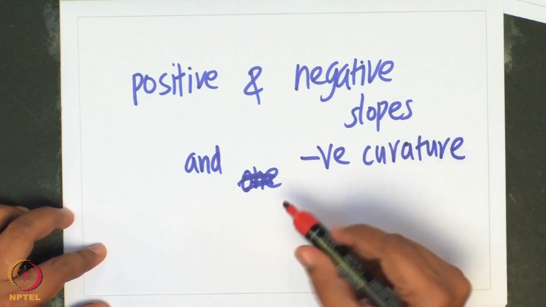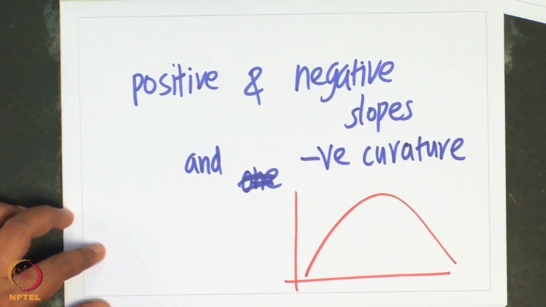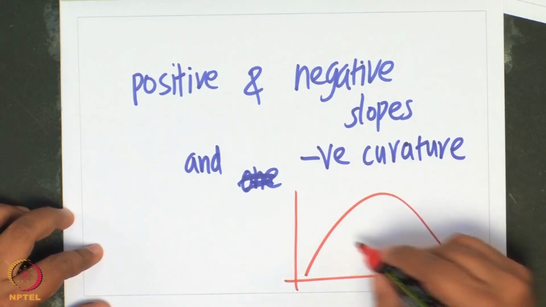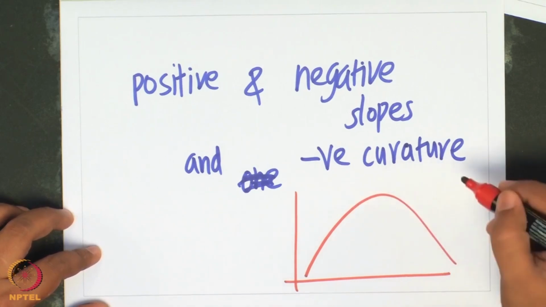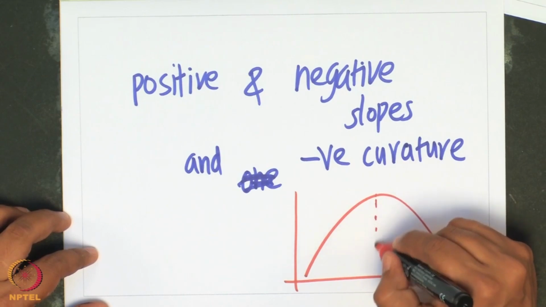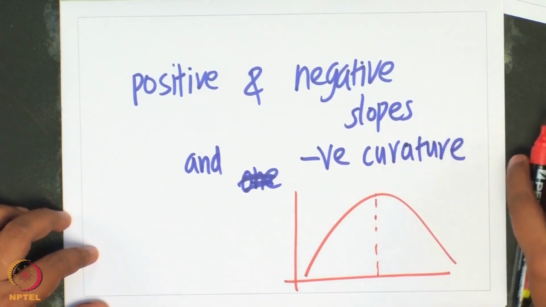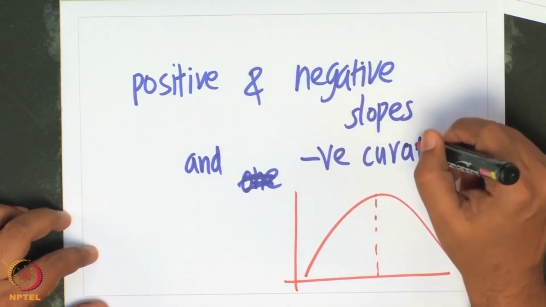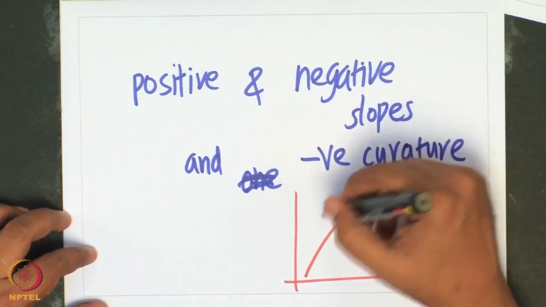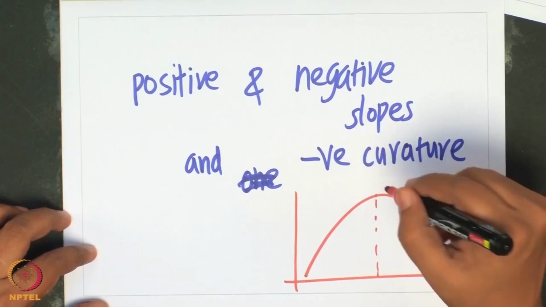Negative curvature, we immediately know, would mean like this. So it has to look like this. It has a positive slope, negative slope, and the curvature is negative. You could also say that it has one maximum or a minimum. If this is a maximum, if I say it has positive and negative slopes and one maximum, it would surely have a positive and negative slope, and it has a negative curvature.